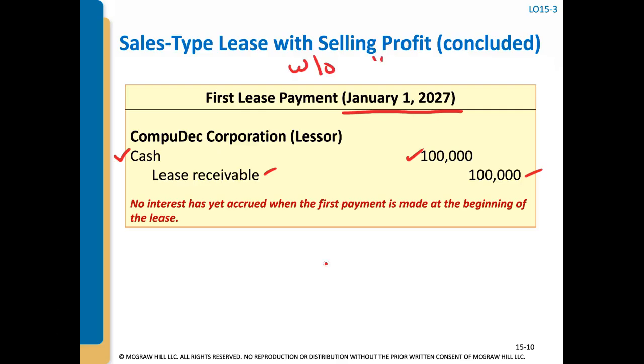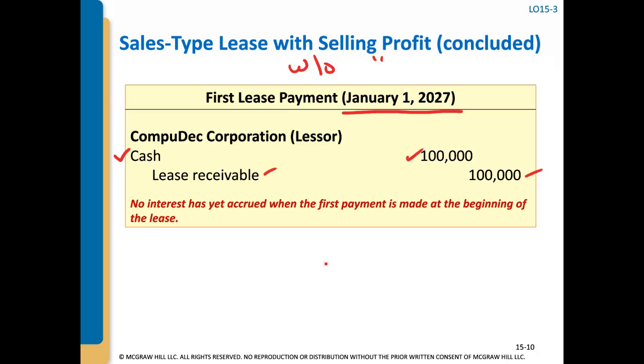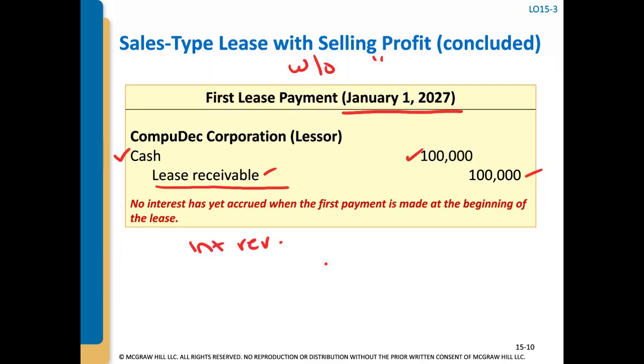The rest of the entries to account for the sales type lease, when you have to account for the reduction in lease receivable and calculate the interest revenue, do not change. The only entry that changes when you have a selling profit is this one right here.